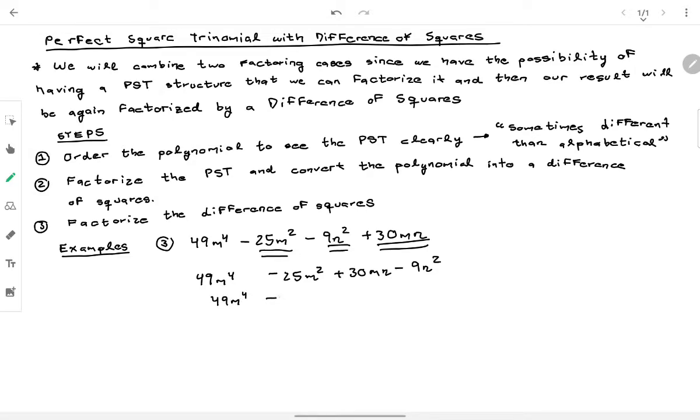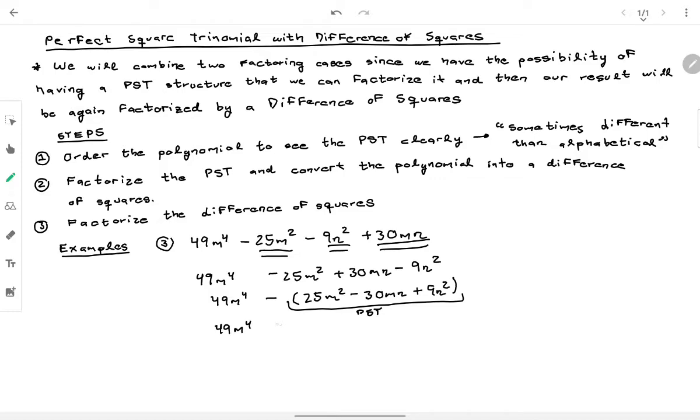We can take out the minus sign, and it's going to be on the inside part, 25m squared minus 30mn plus 9n squared. Then this one will be a perfect square trinomial. So we can put it like 49m to the 4.